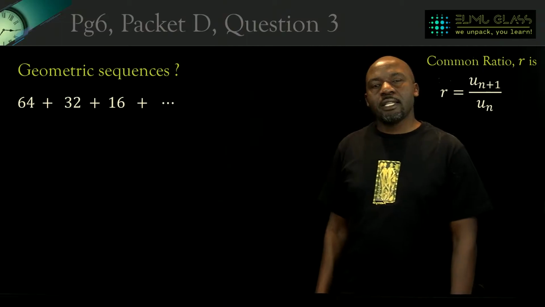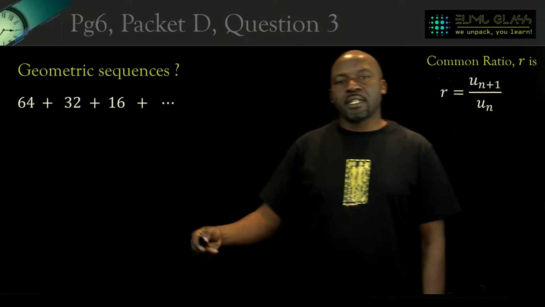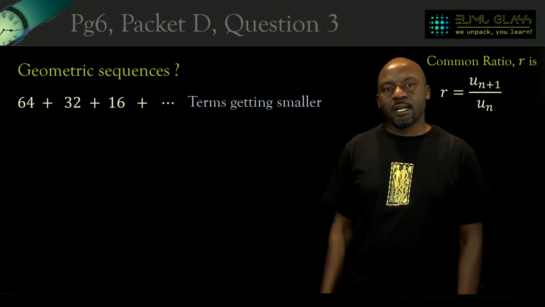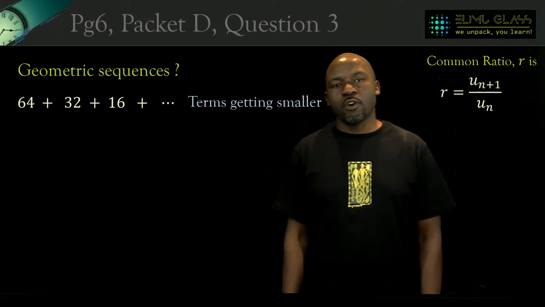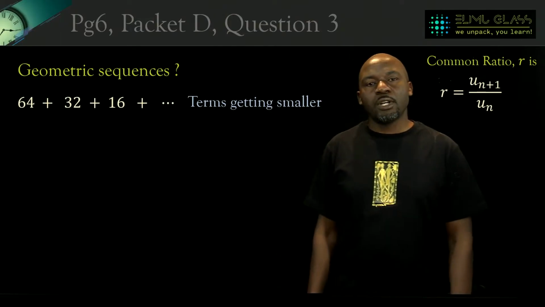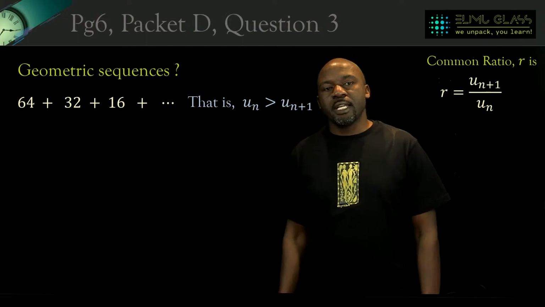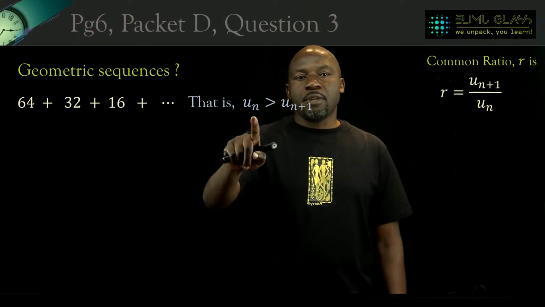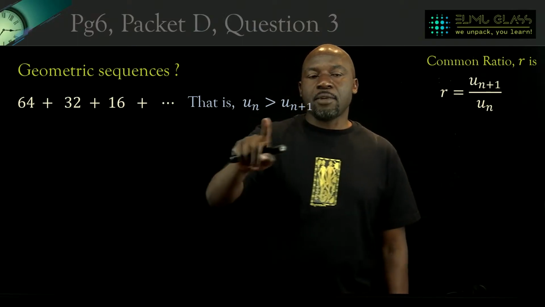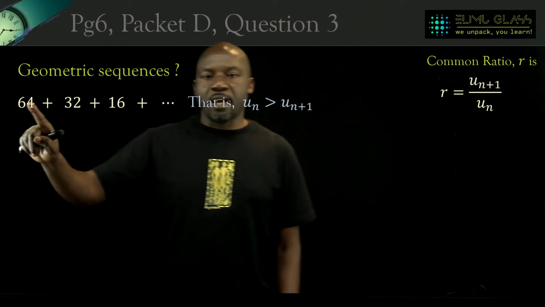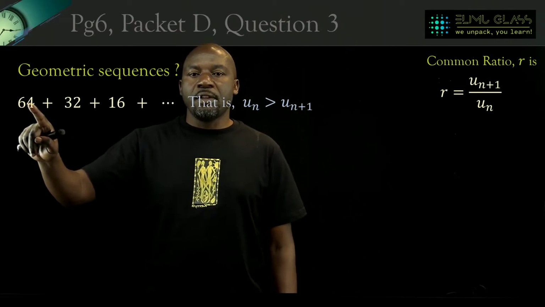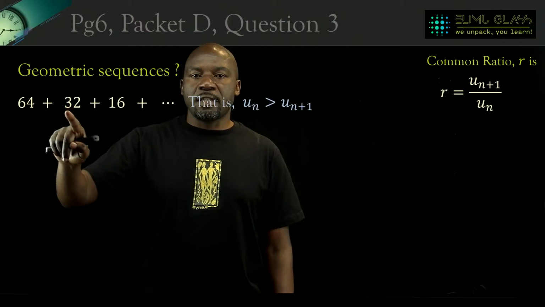Now you can see that in this case, the numbers are getting smaller. So the terms are getting smaller and smaller. When the terms are getting smaller like this, we see that the current term is always bigger than the next term. So if my current term is 64, then 64 is always greater than 32.